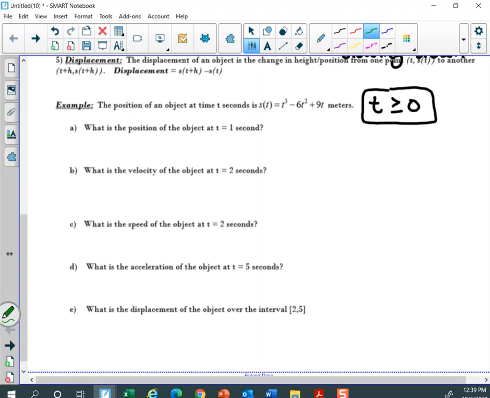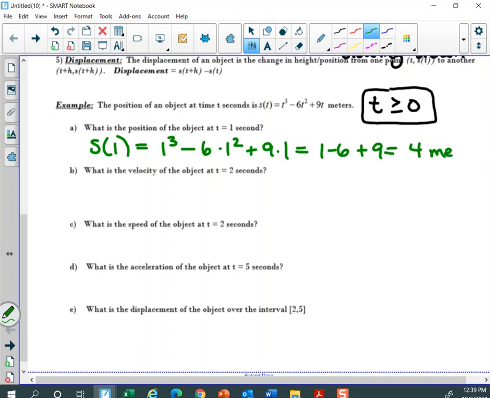Position of the object at 1 second would be s of 1. And s of 1 means we're going to just plug 1 into our position function. 1 minus 6 plus 9 equals 4. So we're 4 meters from the starting point, from the start, wherever that is.